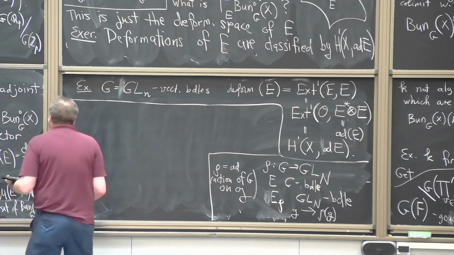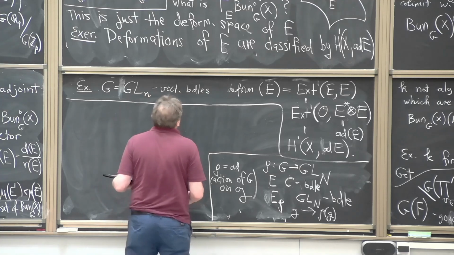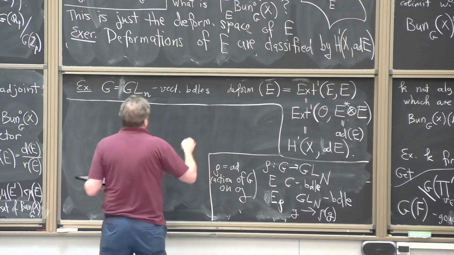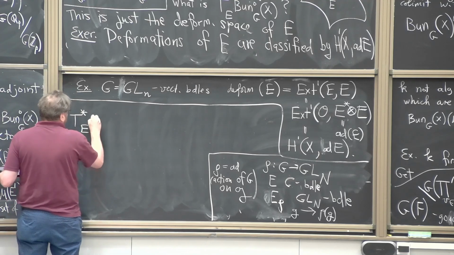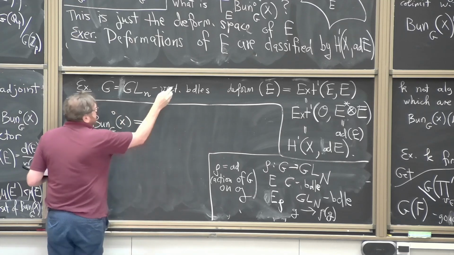And so we get that the tangent space is equal to this H1. And this means that the cotangent space at E of Bun_G(X) is the dual of this space.